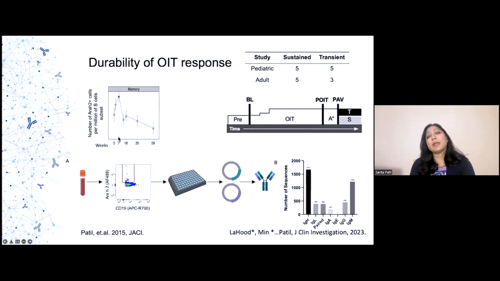So in these patients who are receiving oral immunotherapy and who already have IgE, we could see that as we progress through increasing doses of immunotherapy, there was an early and transient allergen-specific memory B cell response that emerged and then slowly waned over the course of immunotherapy.